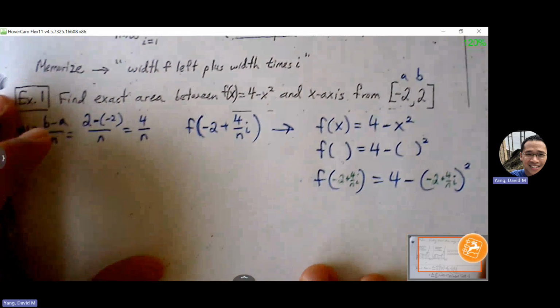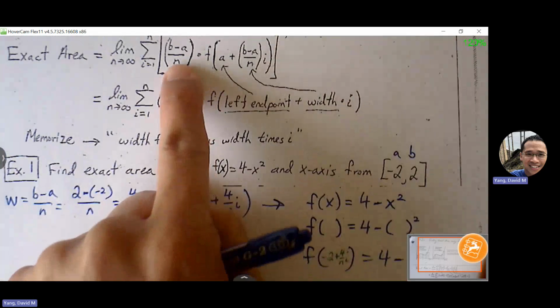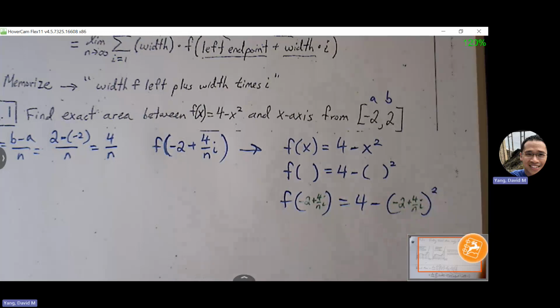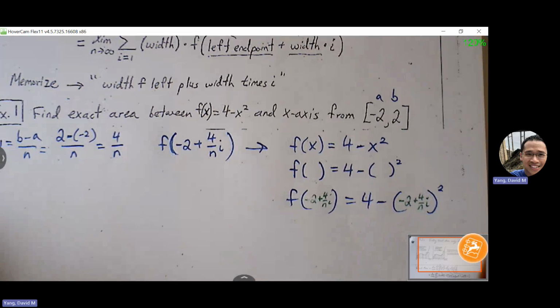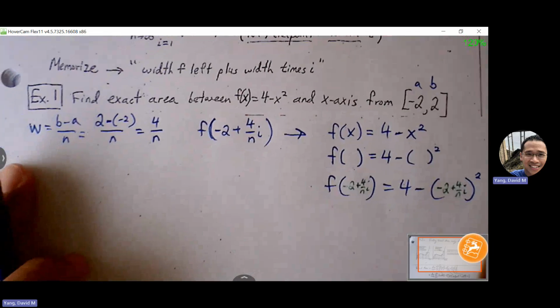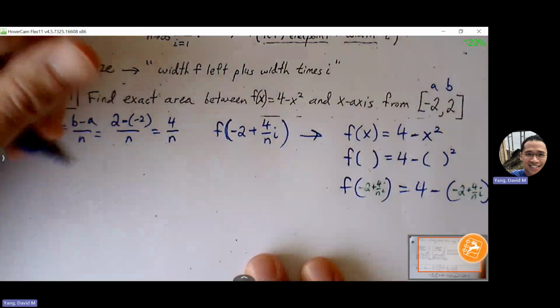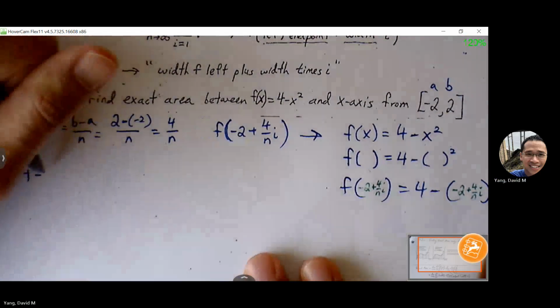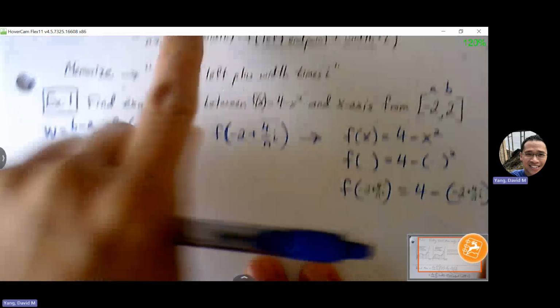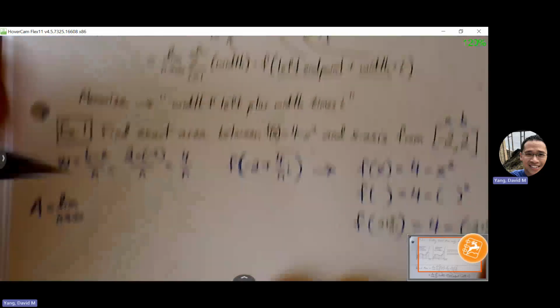Okay, so now let's go back to our formula here. We have our width, we have our height components, and now we're going to put it into that limit notation, and then we're going to do what we did on the first day of cleaning it up and doing all the things that we did. Okay, so now here's our next step. Okay, I'm just copying the formula that I have above.